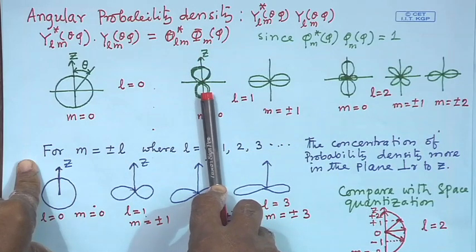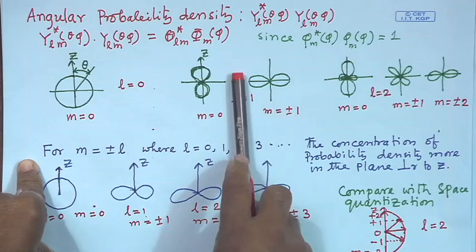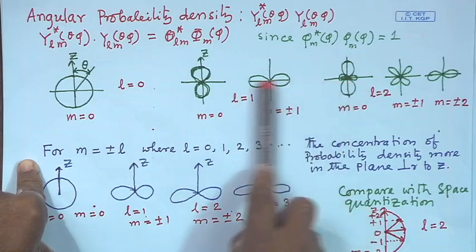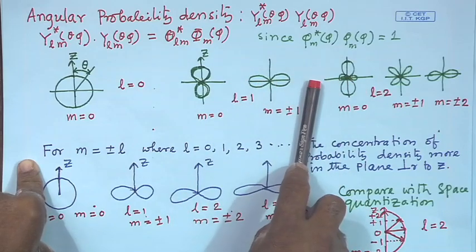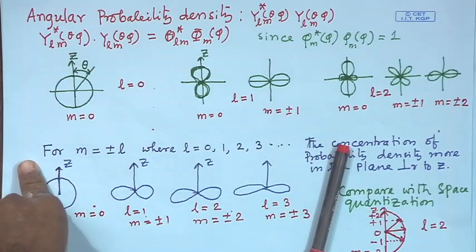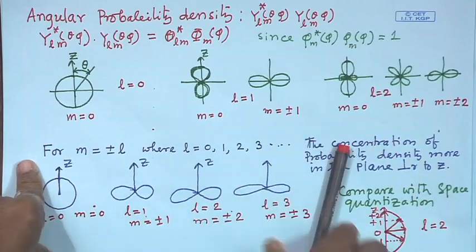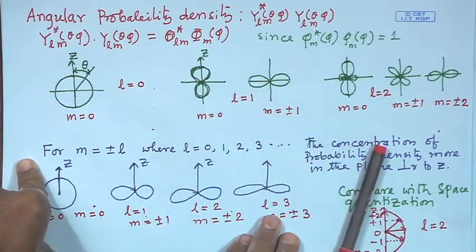And for the highest value of m, that is m equal to plus minus L, the probability is maximum on the plane perpendicular to the z axis, which means the xy plane.